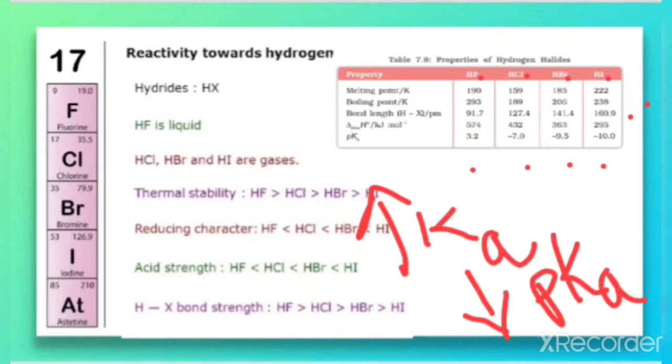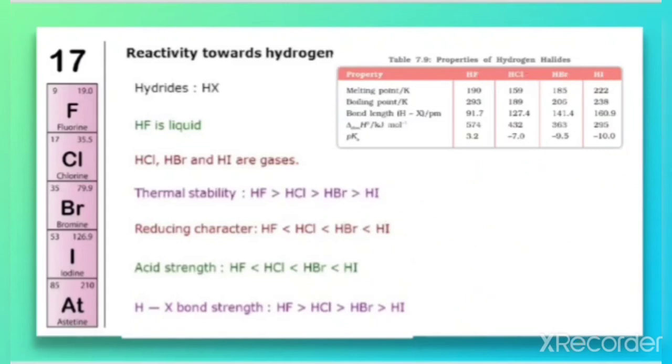The one with the smaller value of pKa will be the stronger acid. Here HI has the lesser value of pKa, therefore it has a greater acidic character. We have already discussed the relation between Ka and pKa.